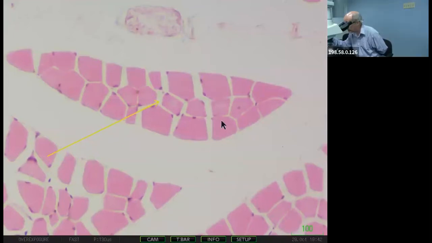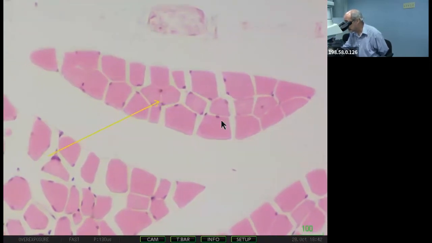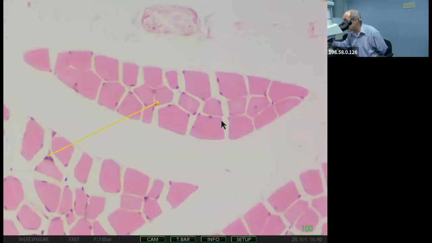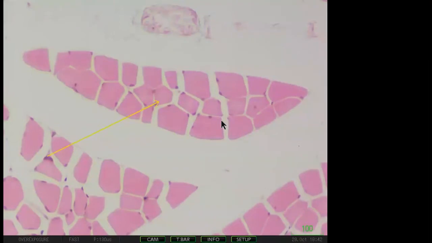So these are your skeletal muscle fibers. Remember, the function is, the contraction will be strong, quick, discontinuous, and voluntary.